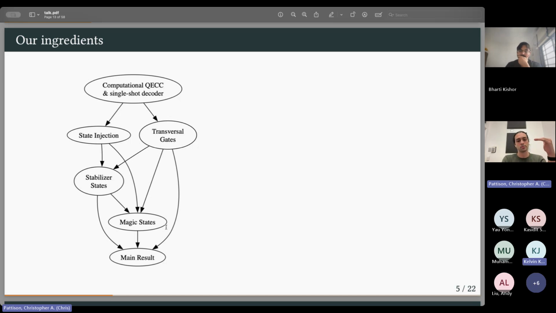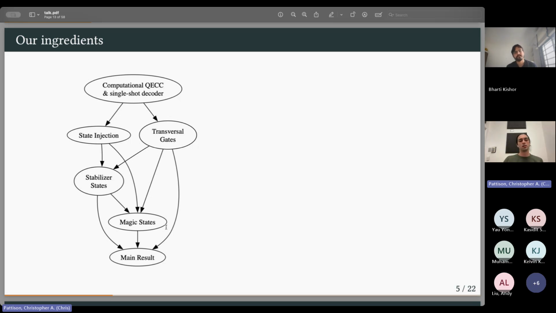Then we're going to use transversal gates. Every CSS code has, for example, transversal CNOT, and we use this fact a lot. Then we're going to construct gadgets to create bad logical states that we're going to use as resource states for teleportation.